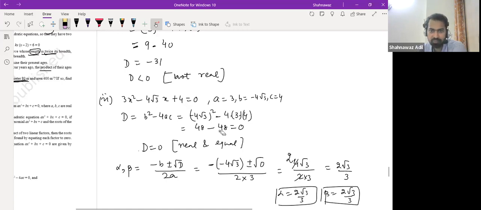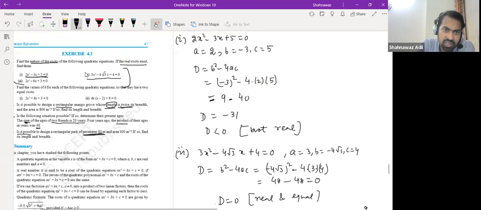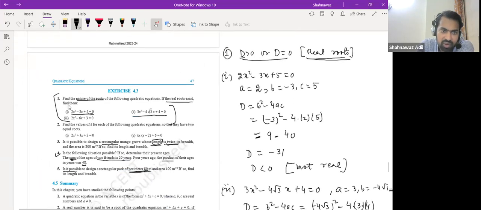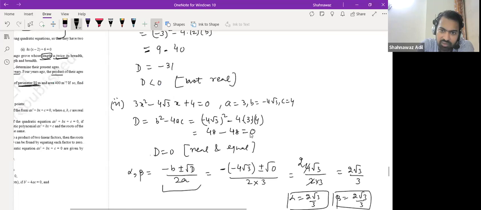Here we got the value D is equal to 0. So why did we use the quadratic formula after that? I used the quadratic formula right after this because we need to find the solution. In this question, they have said that if the real root exists, find the roots, right? So that is why.